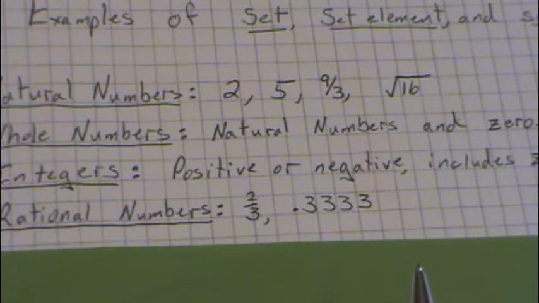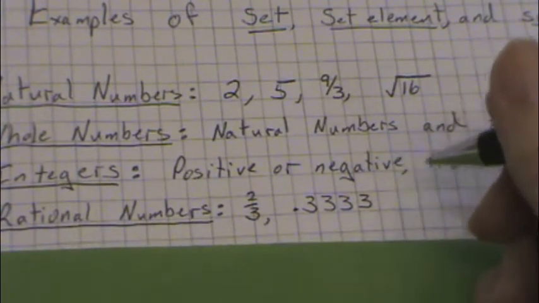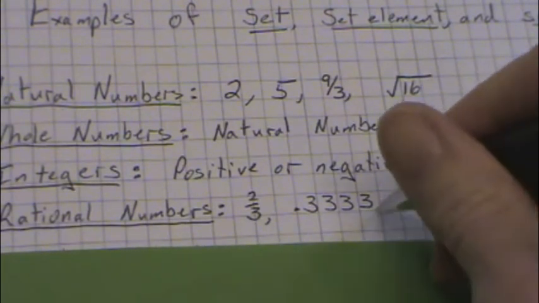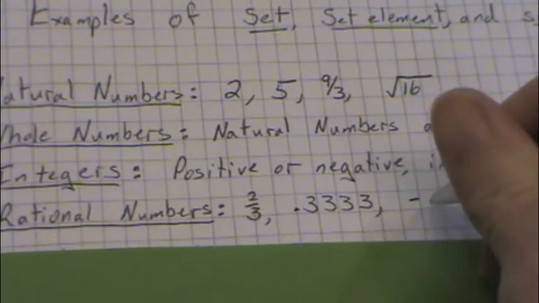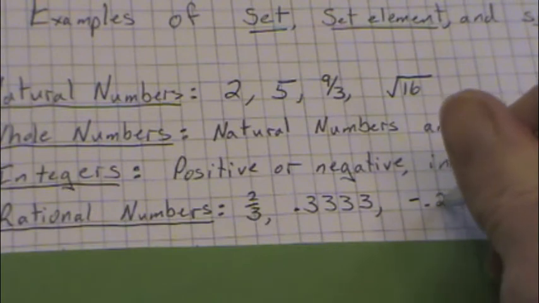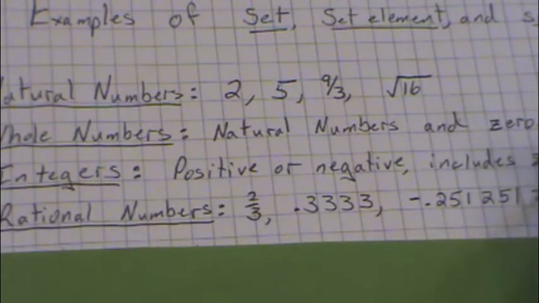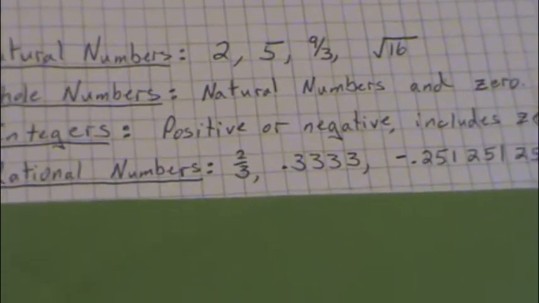They could be decimals that have a pattern, like -.251251251.